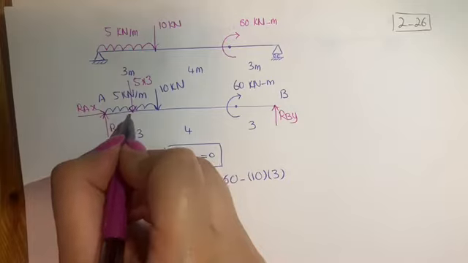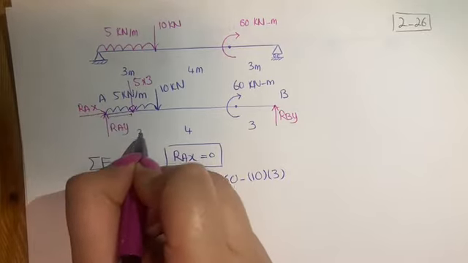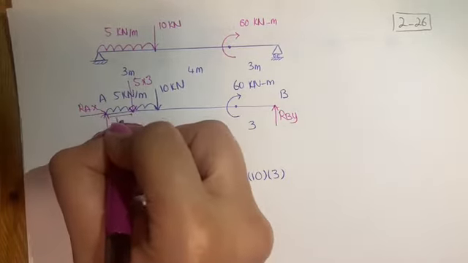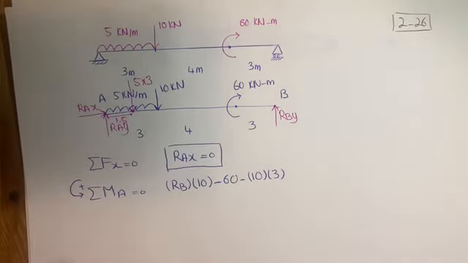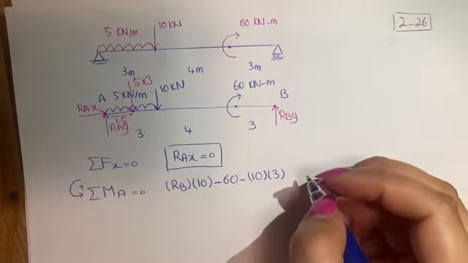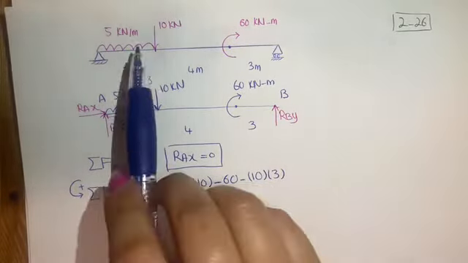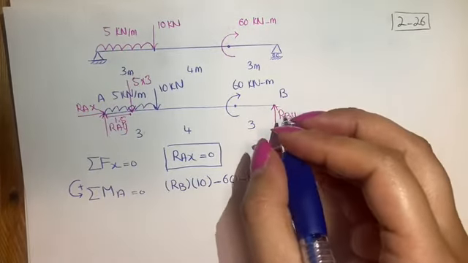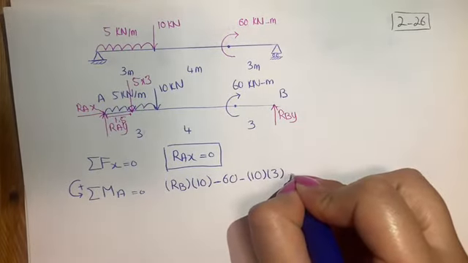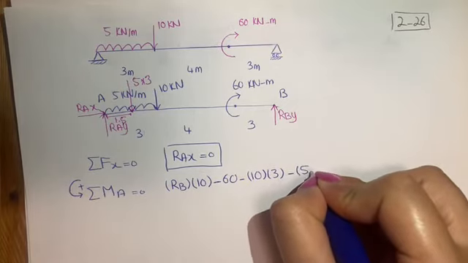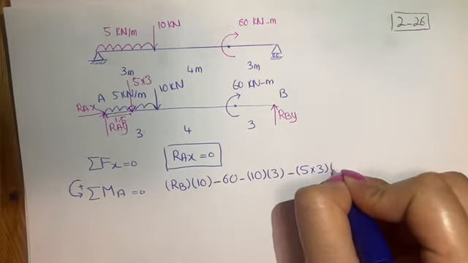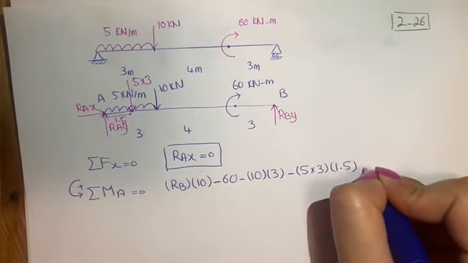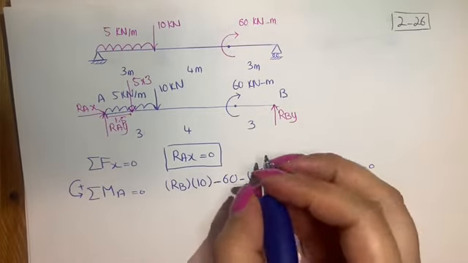The magnitude and the distance is half of this distance, which is 1.5 meters. So the moment created by this distributed force is equal to 5 times 3 times 1.5, equals to 0.